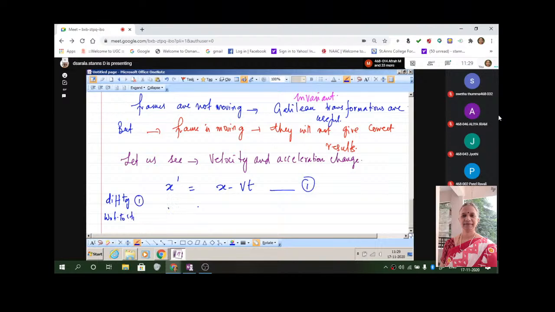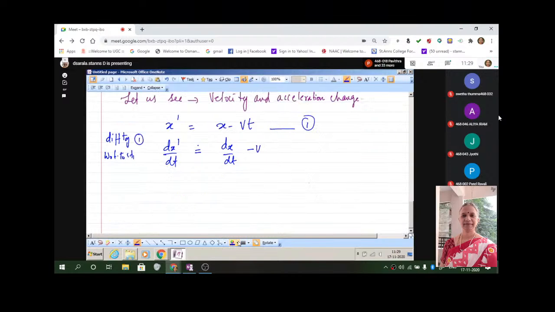You get dx dash by dt is equal to dx by dt minus v. Why is v not taken into the derivative? Since it is moving with a constant velocity, v is constant and hence it is taken out of the differential. This is nothing but velocity. Let us write this as ux dash is equal to ux minus v. Equation number 2.